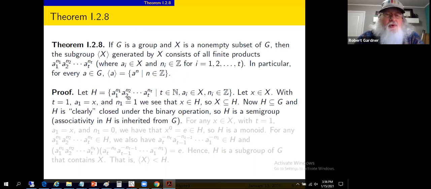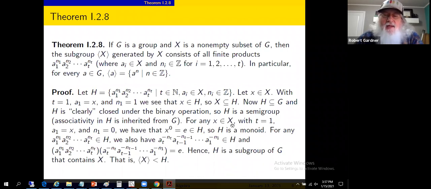We will shortly. But if I take a product of two things of this form, I get something else of this form. The t parameter would change, but it can be any natural number. So we've got closure under the binary operation. So first off, H is a semigroup. We do have the closure that we need, and associativity is inherited from above, the big umbrella group G in which all of this is happening.